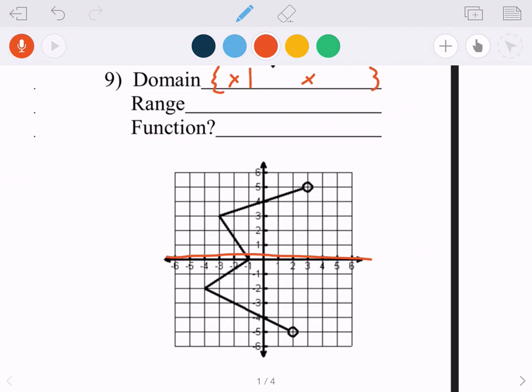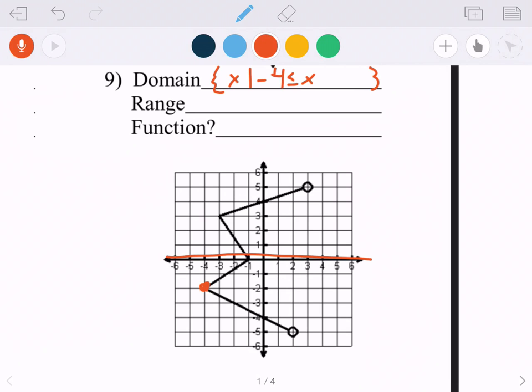On the x-axis, the furthest left point is right here, which I'm highlighting in red. And that is at x equals -4. So that means that x is going to be greater than or equal to -4. -4 is the furthest left point on this graph.